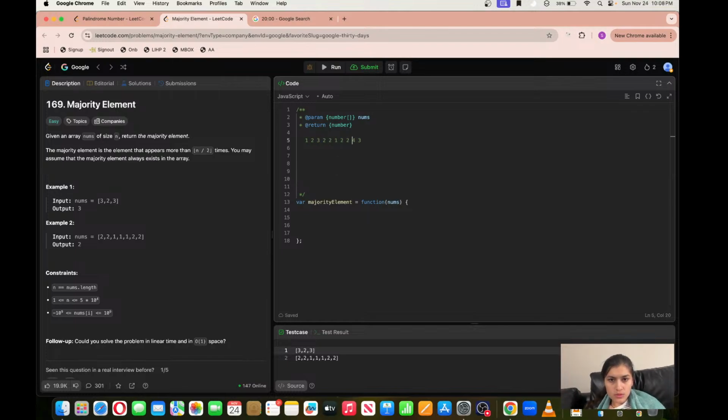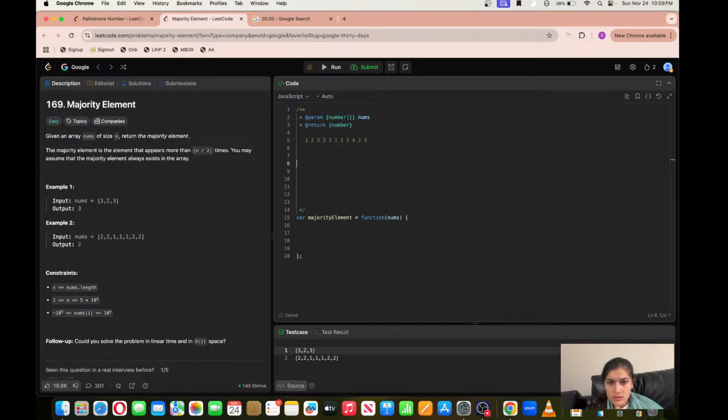So if this is 2, 2, 4, 2, 3, just by looking at it once, how can I know that it has occurred more than half the times? I don't know. More than n by 2 times.